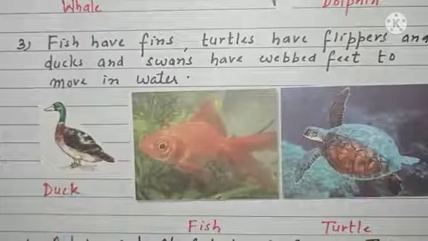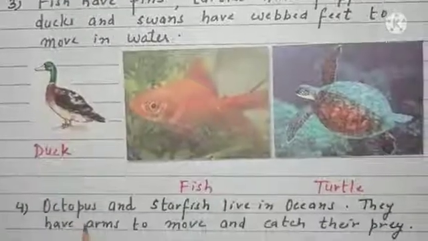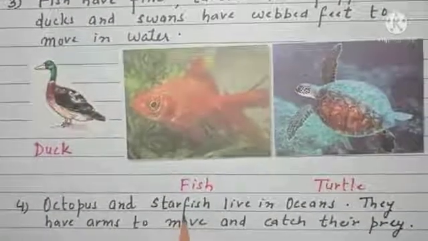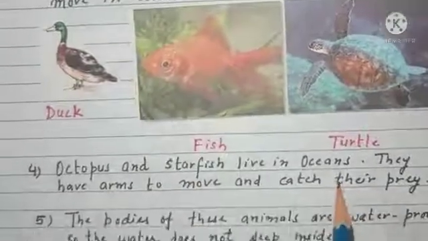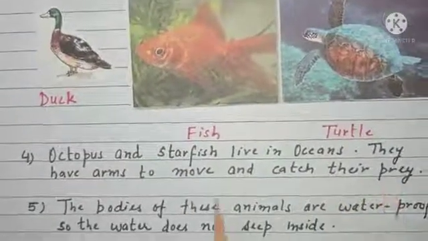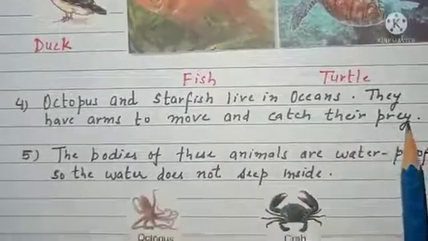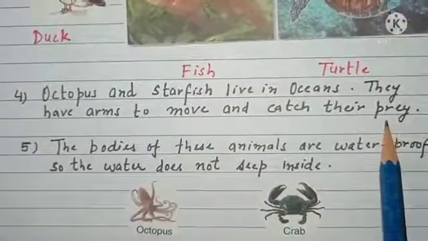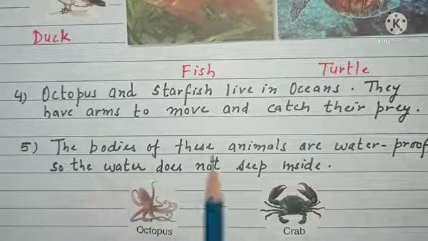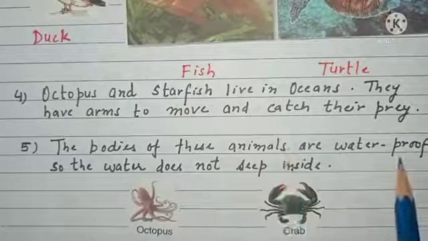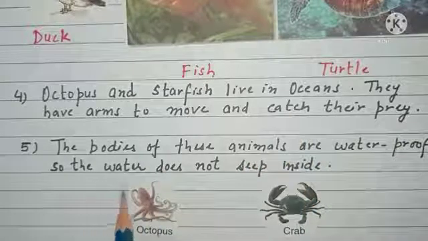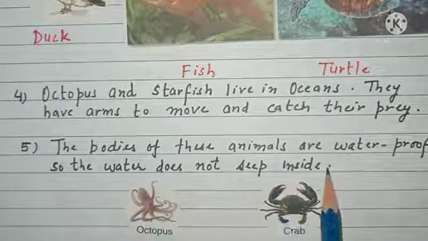And then the aquatic animals such as octopus and starfish, they live in oceans. They have arms to move and catch their prey. Prey means the food for these animals. And then the bodies of these animals are waterproof. So the water does not seep inside.